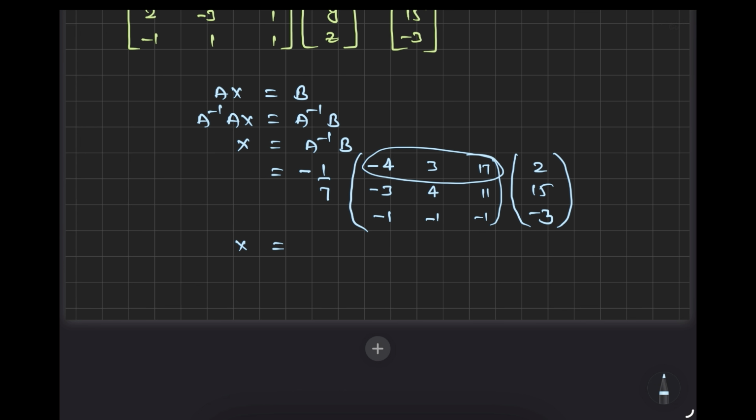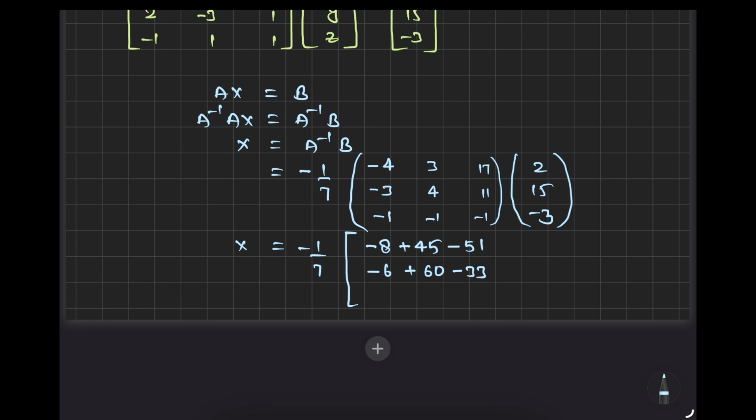So we will multiply this with this. Now look at this. So minus 1 by 7 and we will get -8 plus 45 minus 51. Then -6 plus 60 and then minus 33. Then -2 minus 15 plus 3.